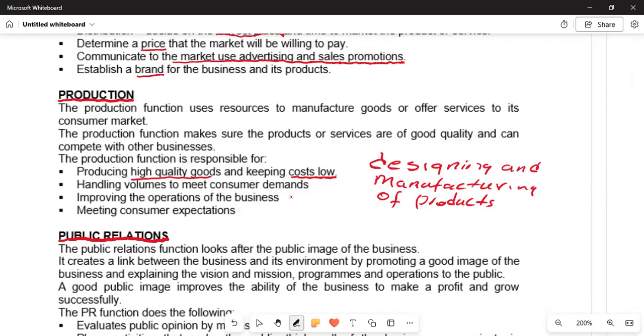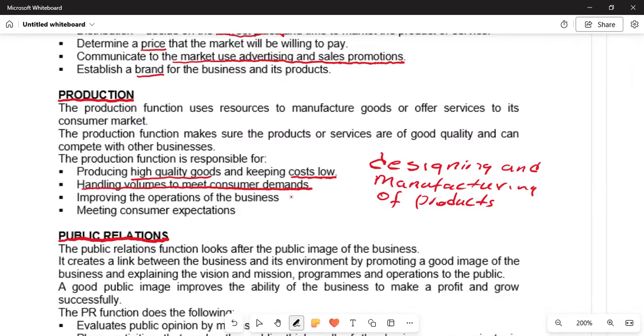Handling volumes to meet consumer demand. Make sure that you are not going to run short of stock, or produce more stock that the consumers are not going to buy. So you see, make sure that you know your customers.